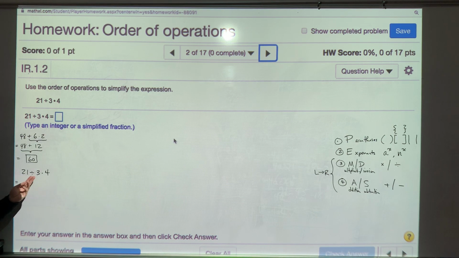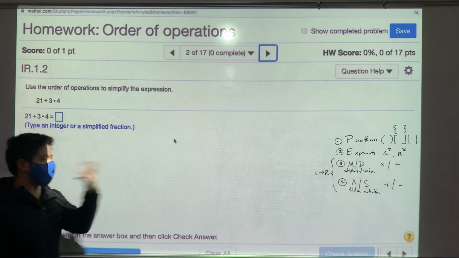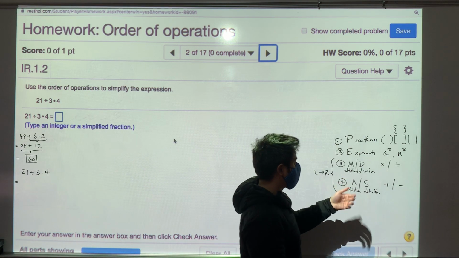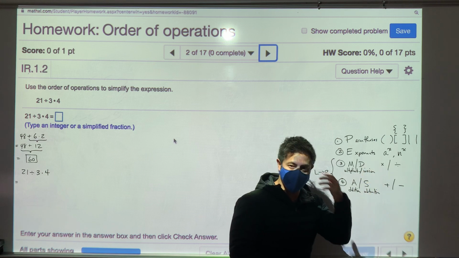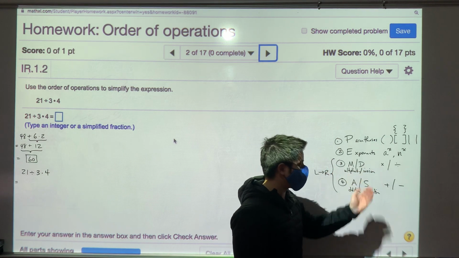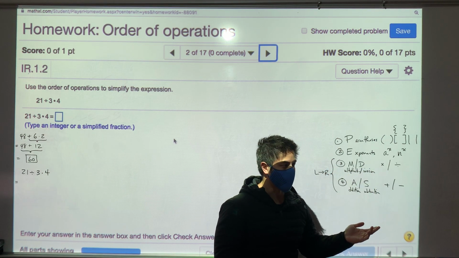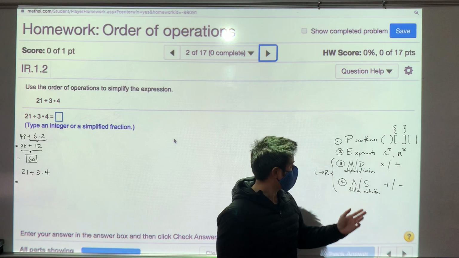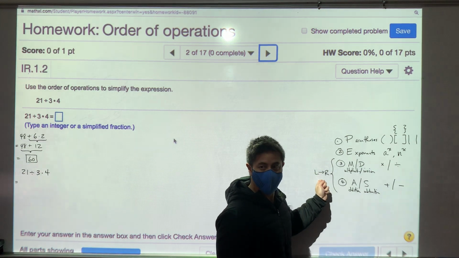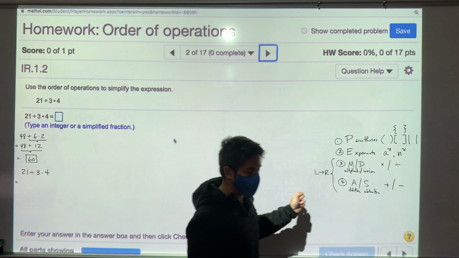Do we do the multiplication first just because verbally we always state it as multiplication and division, and naturally by the way it's stated, we always do the multiplication first? No, we don't. Left to right.